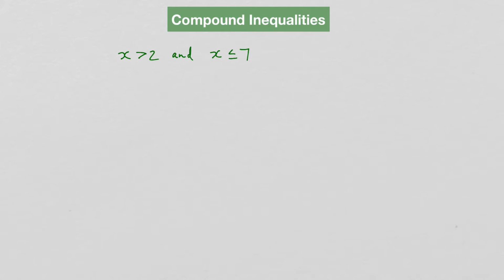So what this means is that this inequality can be rewritten as such. x is greater than 2 and also less than or equal to 7. This is called an intersection using the word and.